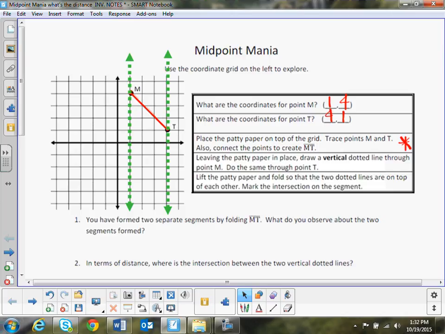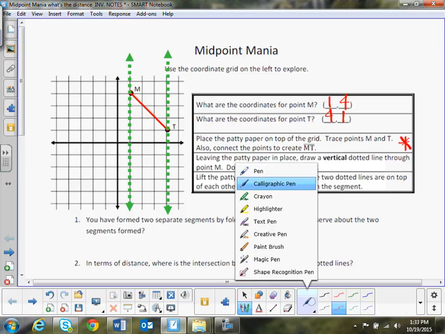Okay? Now it says lift the patty paper up so that you fold it and the dotted lines end up right on top of each other. So fold it so this ends up right on top of that one. And so you should get a fold somewhere down the middle, right?